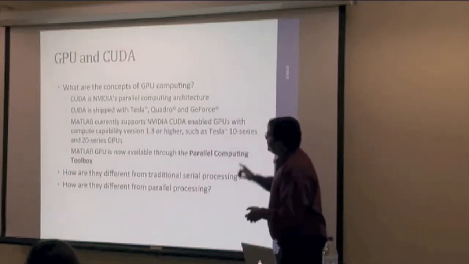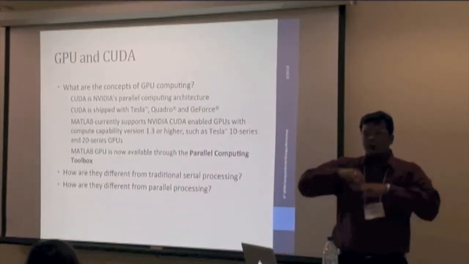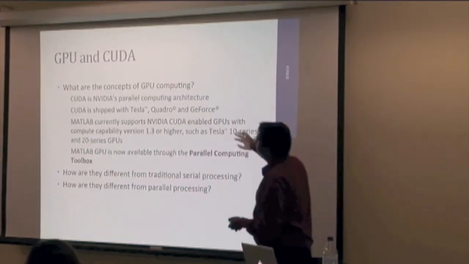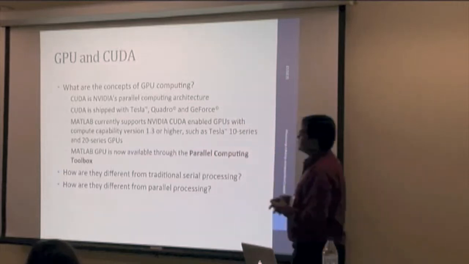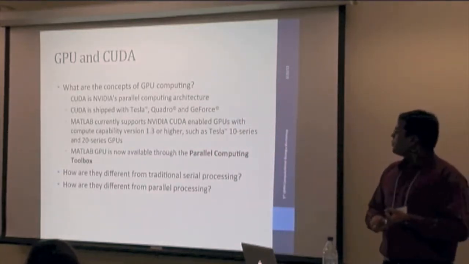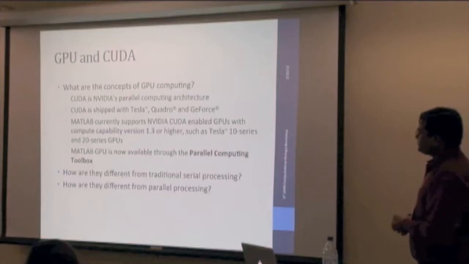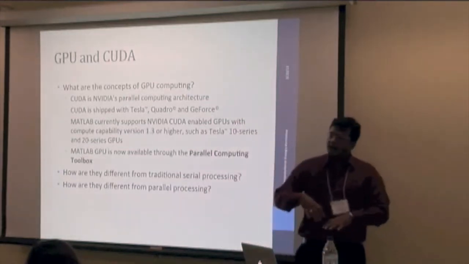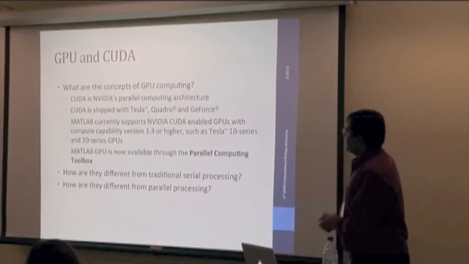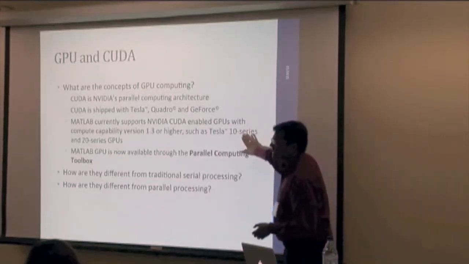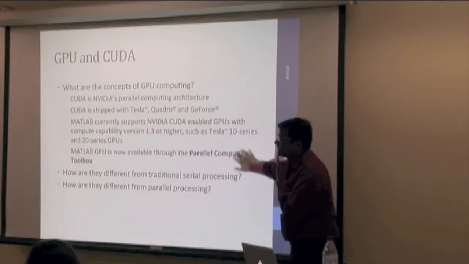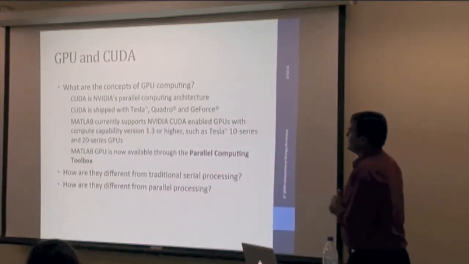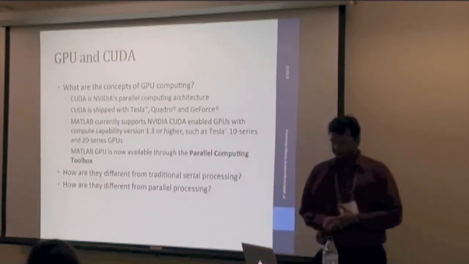So CUDA and NVIDIA have this architecture. They have all these different multiprocessors on a single chip, and they came out with different flavors of this architecture. You have the Tesla, the Quadro and the GeForce. Right now, Matlab supports the NVIDIA CUDA architecture and the libraries, but it works on the Tesla 10 and the Tesla 20 series of GPUs.